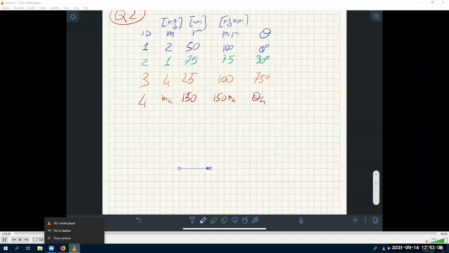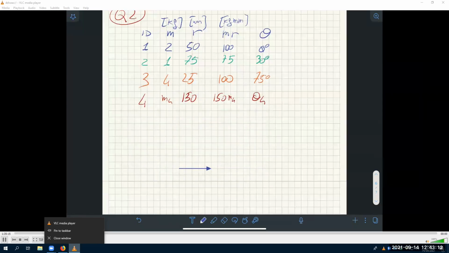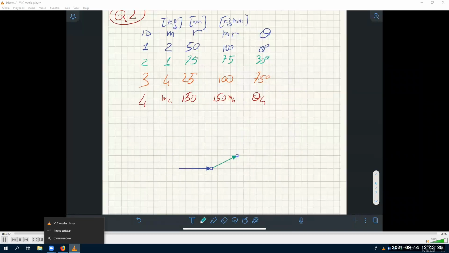Then 75, I'm going to make this 4 squares at 30 degrees. Something like this. And then I'm going to make 100 at 75 degrees. So it's exactly 5 squares, but at 75 degrees, something like this.